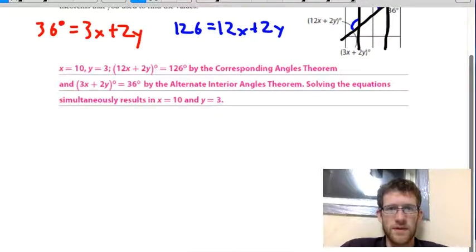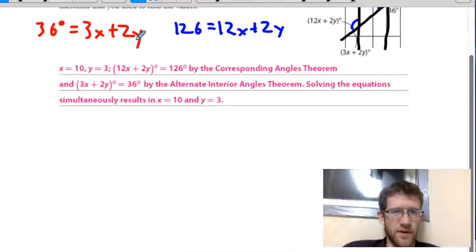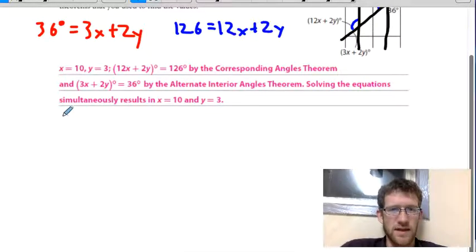We could do it some other ways too. One of my other favorite ways to do it is to solve for a single variable and then plug it back in. Not the prettiest here. We'll do it though, just for an example. So let's say I'll solve for y here. So I'm going to take my 36. I'll move it up a little bit. Okay. So my 36 is equal to 3x plus 2y. I'm just leaving out degrees for simplicity's sake.